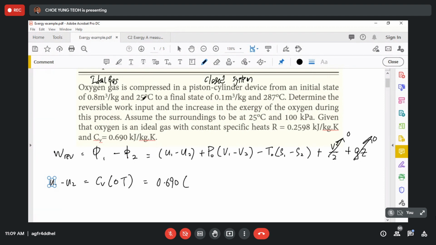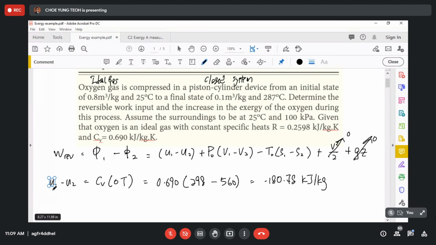But I think to make it consistent, we always convert to Kelvin. Okay, so 25 plus 273. Okay, so we have 298 Kelvin minus this one 2x7 plus 273. So 560 Kelvin. So I get negative 180.75 kilojoule per kg.